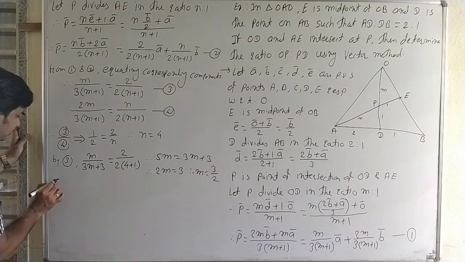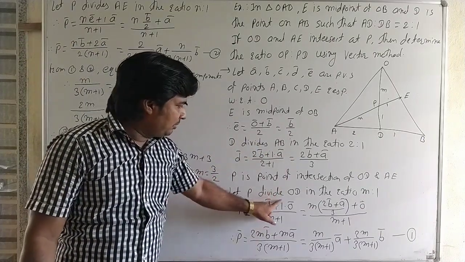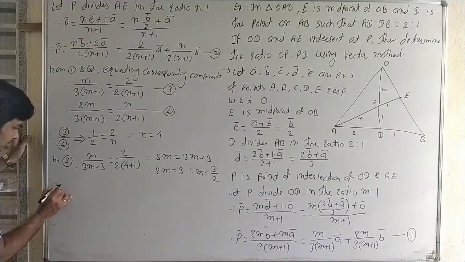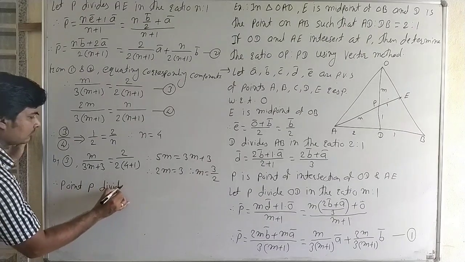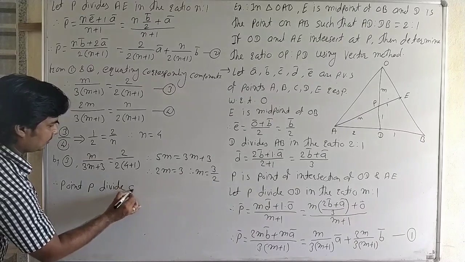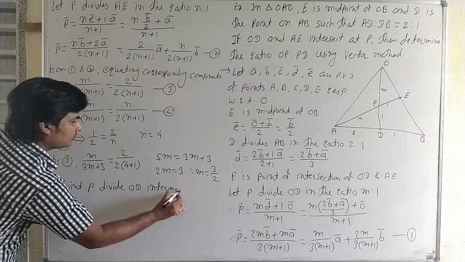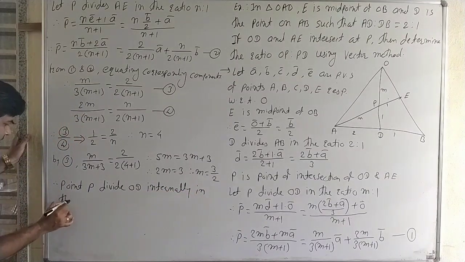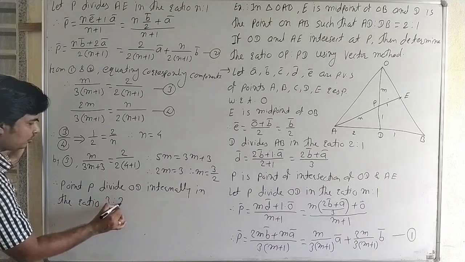Therefore point P divides OD in the ratio m is to 1, so point P divides OD internally in the ratio 3:2.